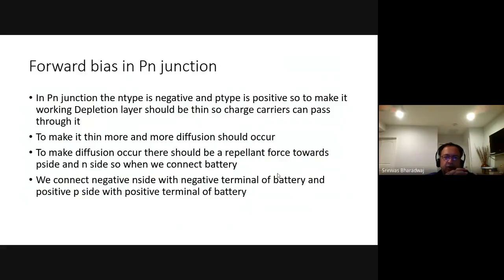Now with a very small amount of potential you will overcome the potential barrier, and the semiconductor will start to conduct, and it will have an inbuilt resistance.